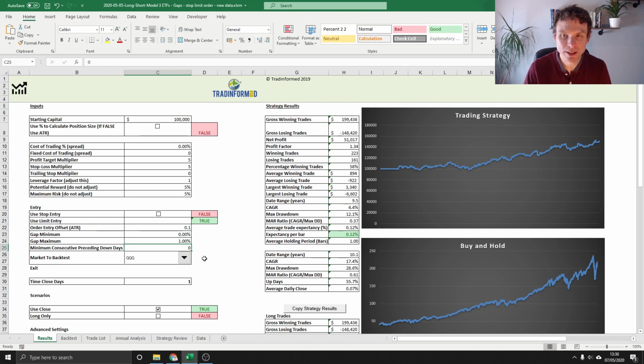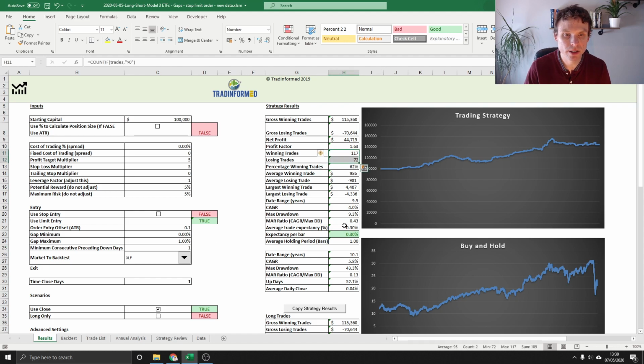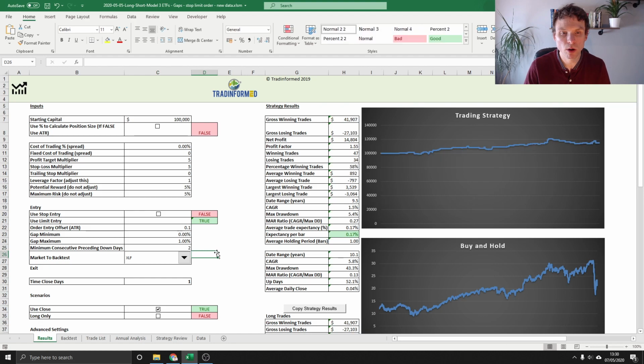So if we go back to the gap up and we stick it onto the XLF and we see what a difference we can make. Got 180, 190 trades here. Got a pretty good expectancy for just a single pass. That is worth bearing in mind, that having at least one preceding minimum day is doubling our average returns.